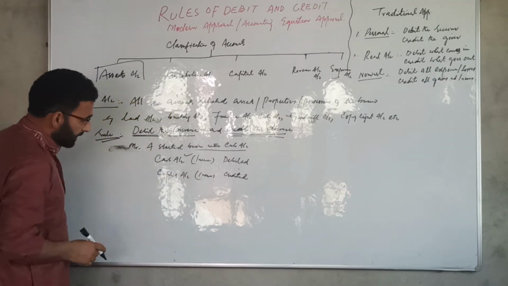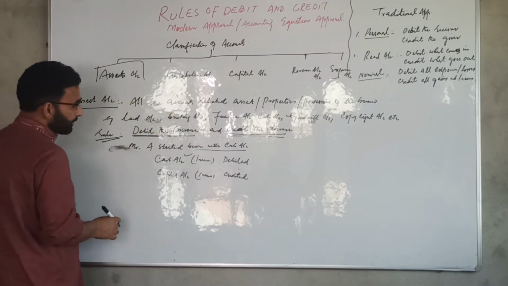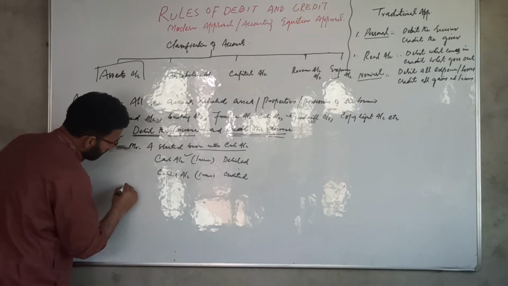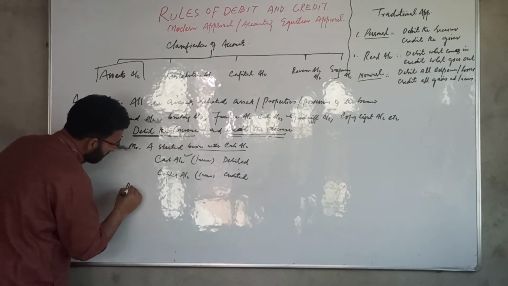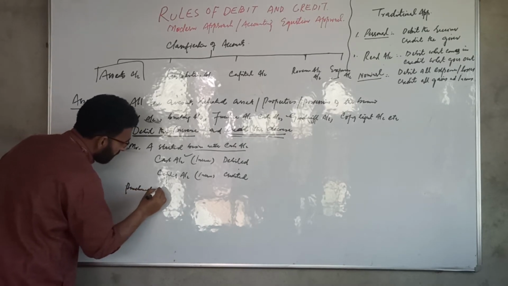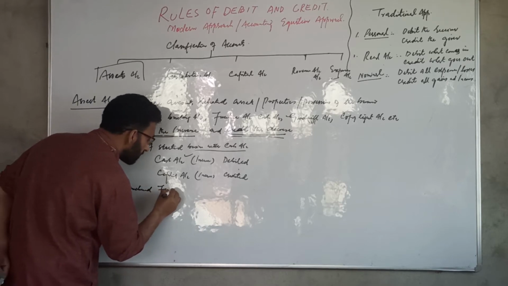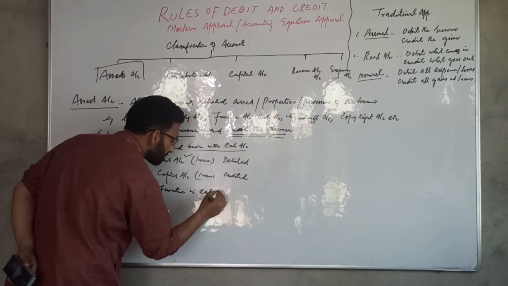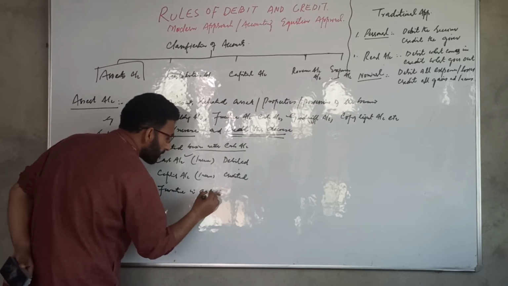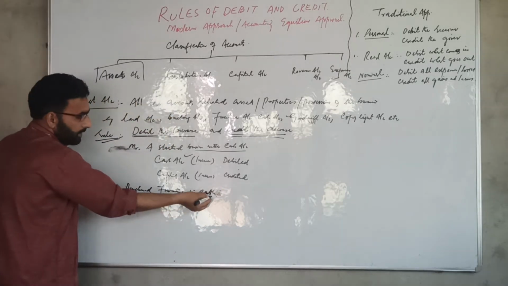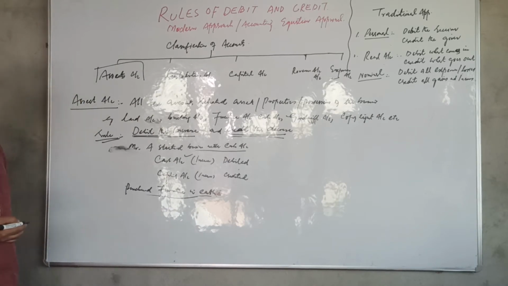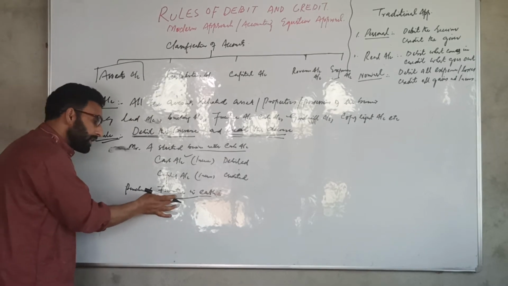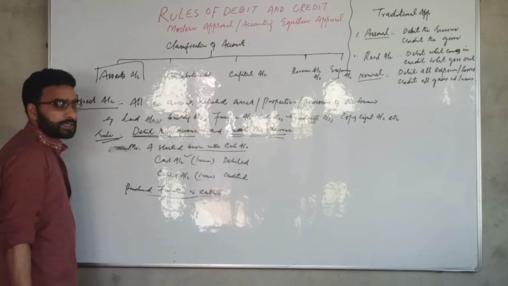Now another transaction to explain this. Purchased furniture in cash. Also two accounts are involved in this transaction: furniture account and cash account.